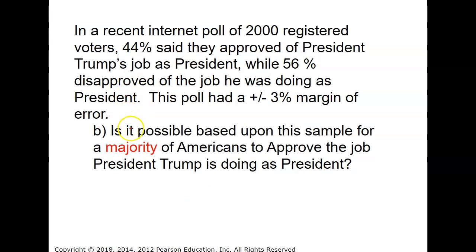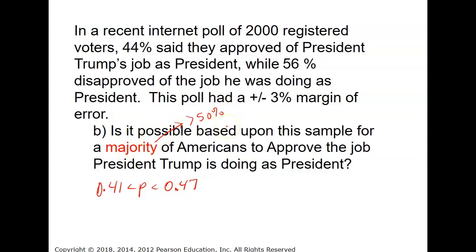Okay, second question here. Is it possible, based upon this sample, for a majority of Americans to approve the job President Trump is doing as president? So the interval that we just came up with was this. Majority is going to mean more than 50%.